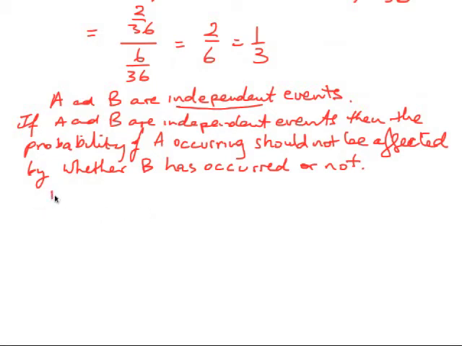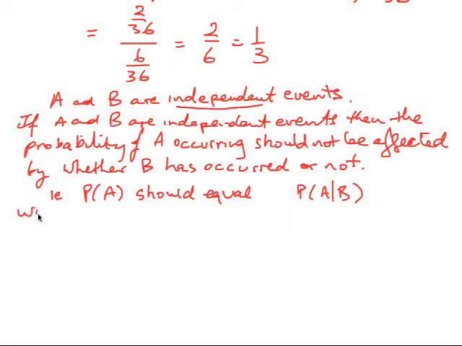Alright, so the probability of A should in fact equal the probability that A occurs given B has occurred.